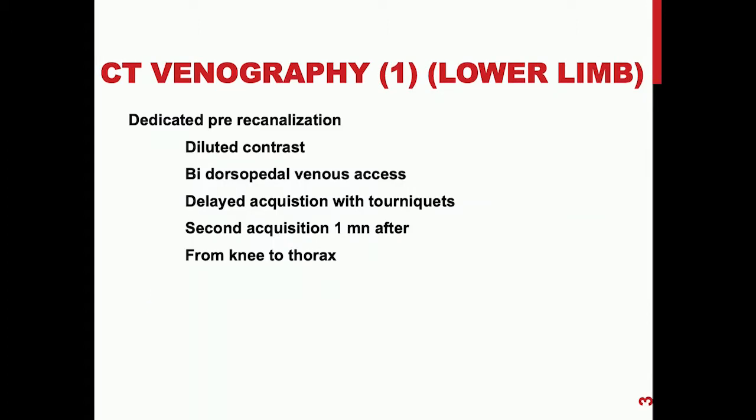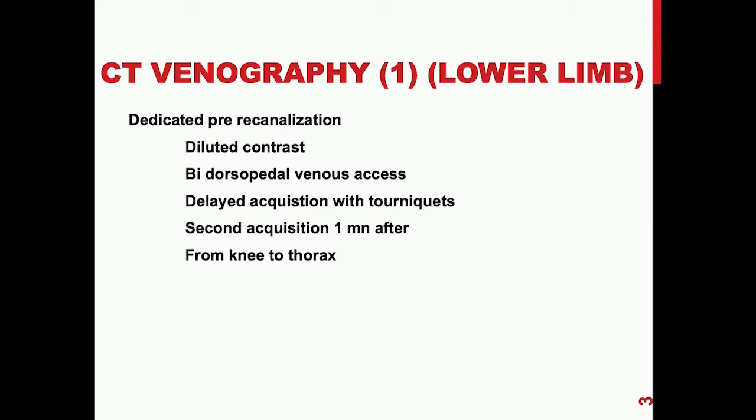The challenge we face is to get through occluded veins, occluded sometimes for many, many years, decades sometimes, and we use a specific protocol with dorsopedal access. We puncture a vein on the top of the foot, just before the ankle.